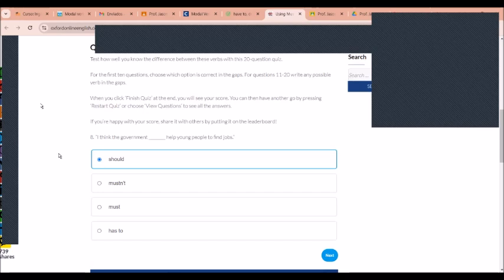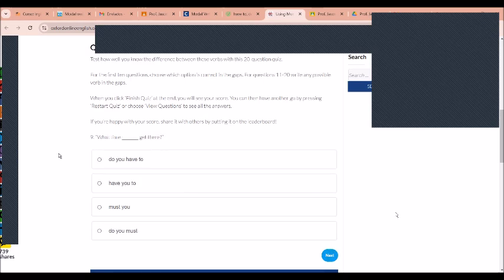Should is the right answer. But if you want to go stronger, you could say the government has to help young people because it's kind of their job. But yes, has to is also a good option. Must no or mustn't no because we want them to do it, but we don't really necessarily force the government to do anything. All right, next one.